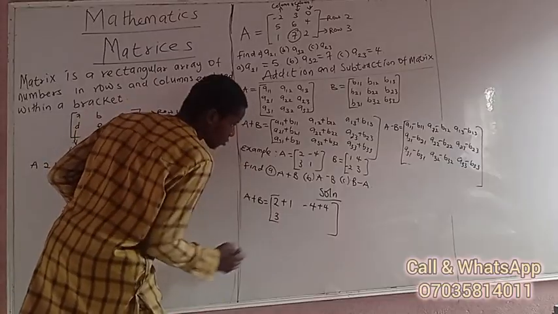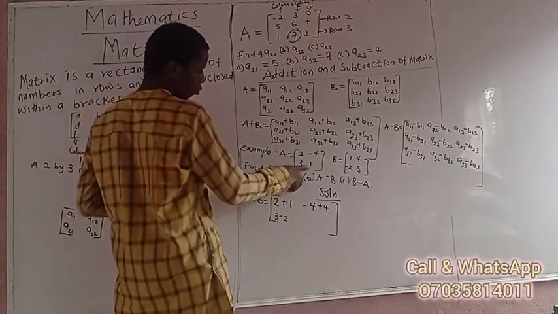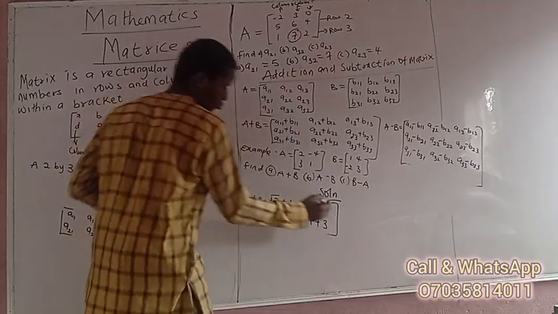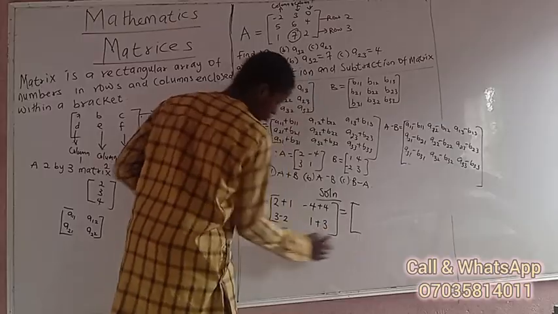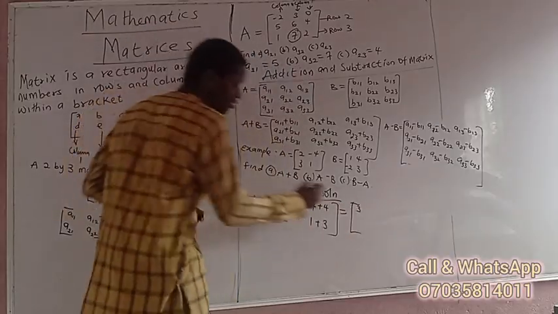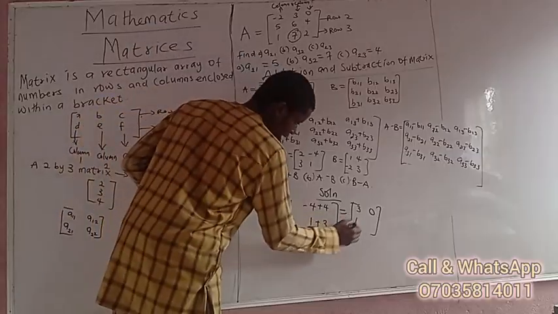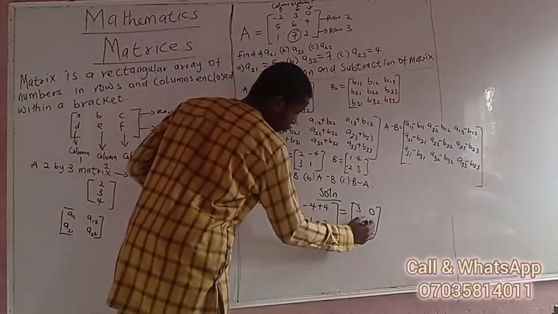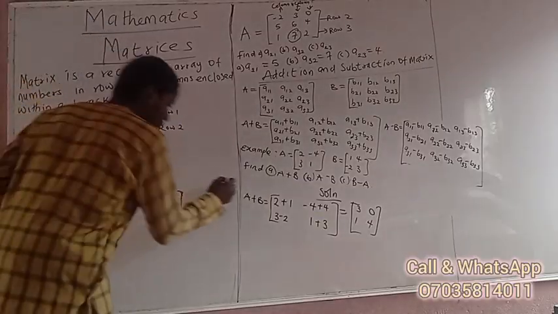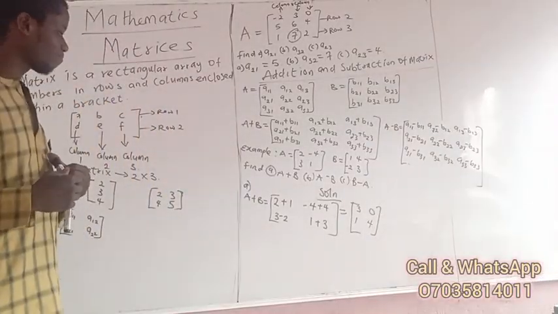So 3 plus minus is minus, 3 minus 2. Okay, and then 1 plus 3. So this will be equal to 2 plus 1 is 3. Minus 4 plus 4 is 0. 3 minus 2 is 1. And then 1 plus 3 is 4. So that's basically what our answer is. So if I have A plus B, I have to come up with that value as my answer.